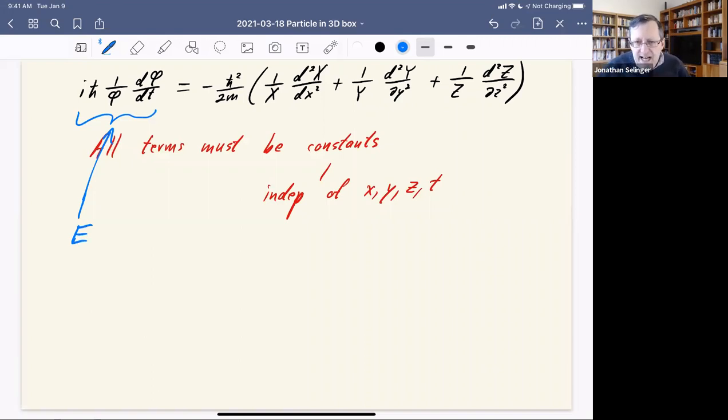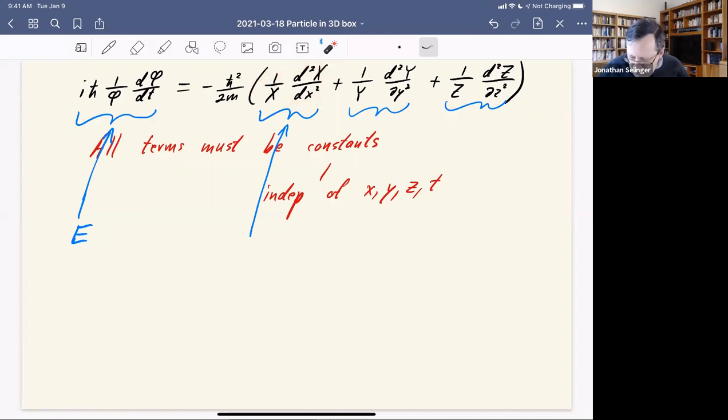Then let's make up names for these constants also. In the one-dimensional problem, the X constant was a negative k squared, where the solution was sine kx.